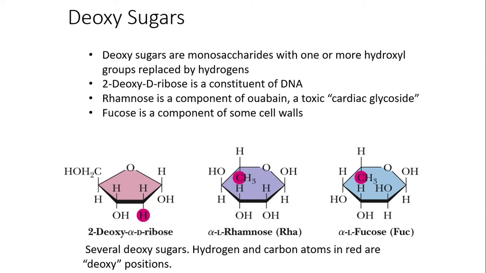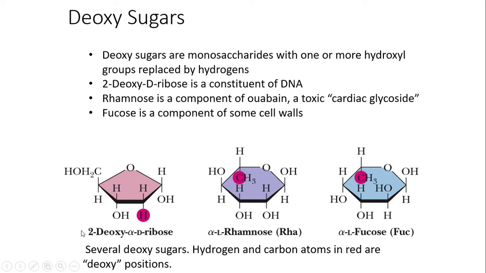Deoxysugars. Again, these are monosaccharides that have a hydrogen in place of one of their hydroxyl groups. Probably the most familiar to you is 2-deoxy-alpha-D-ribose. So remember, ribose is one of our pentose sugars, and rather than a hydroxyl group at C2, we have a hydrogen.